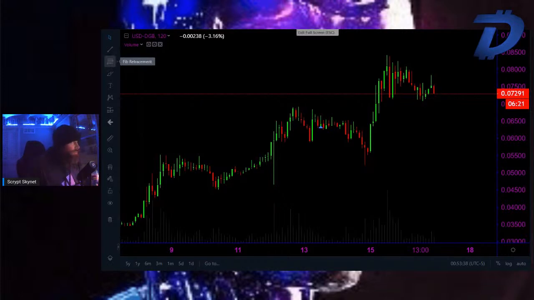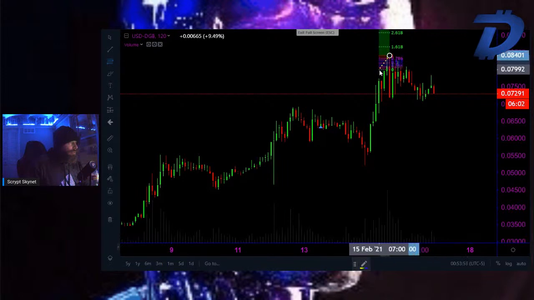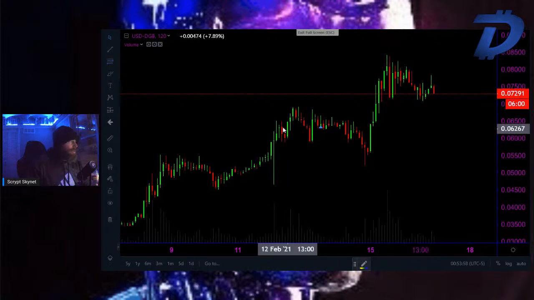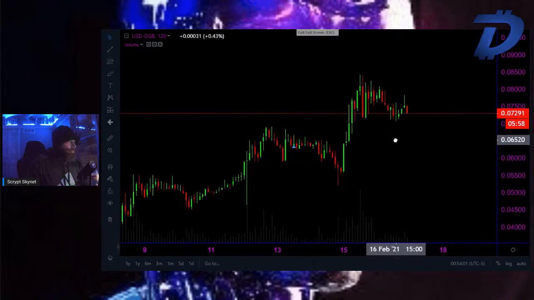I'm going to talk a little bit about what I changed on this Fibonacci retracement tool, and you can use it for one stroke from top to bottom. Okay, so let's do it.